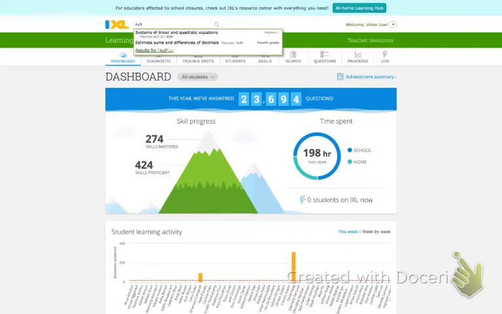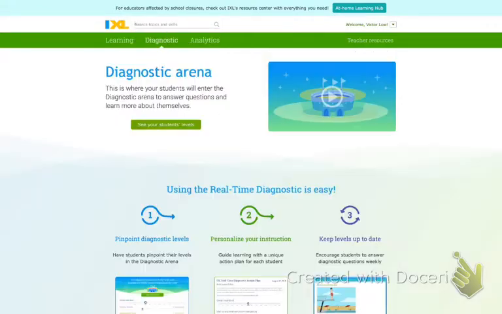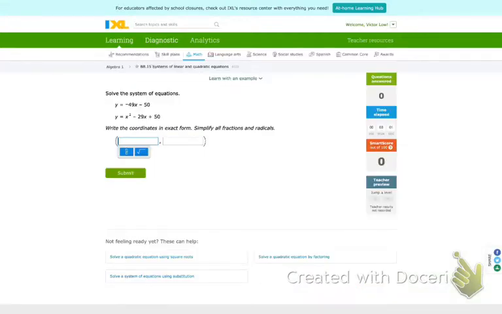And when the 4U9 pops up, it says systems of linear and quadratic functions. Click on that, and it will take you, let's try that again, 4U9, I think I was hasty. Click on it, don't click on it more than once because I hit diagnostic by accident.